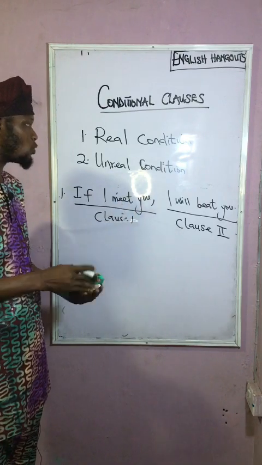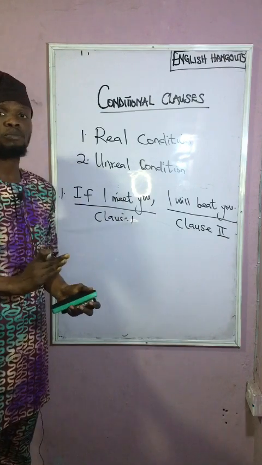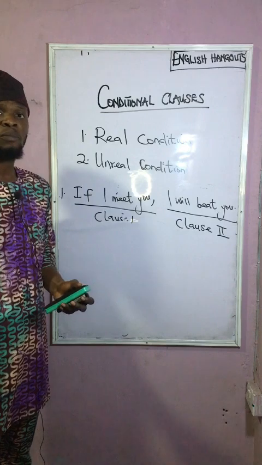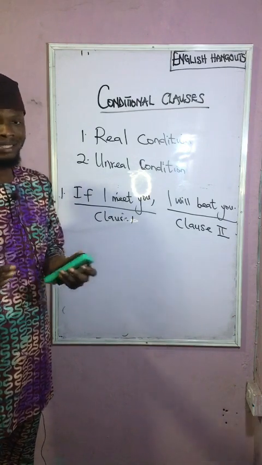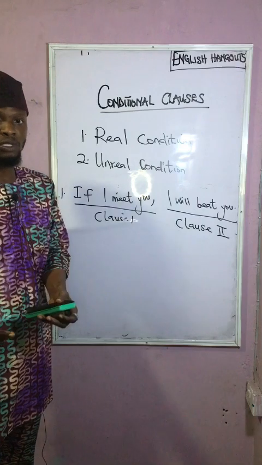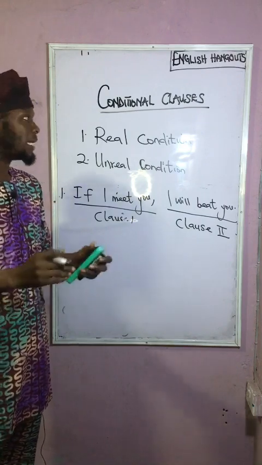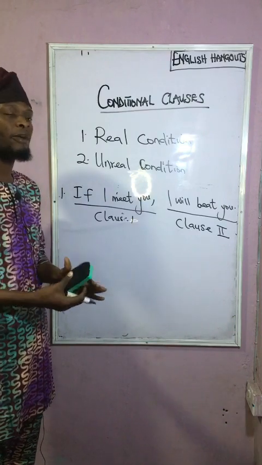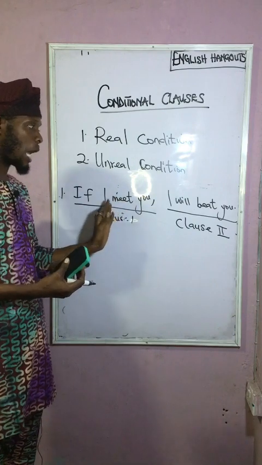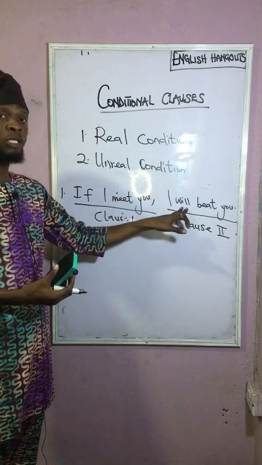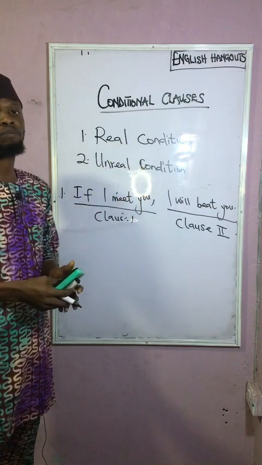This is a typical example of a real condition. What you should be mindful of in this situation is the verbs. You can be given the first verb and be asked to look for the other verb. That is a real condition.